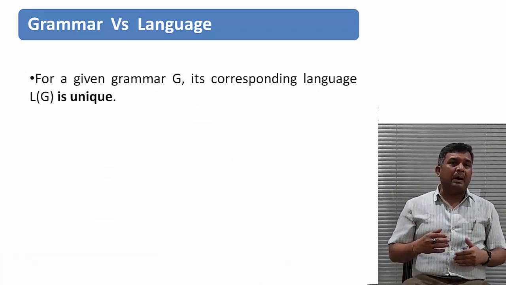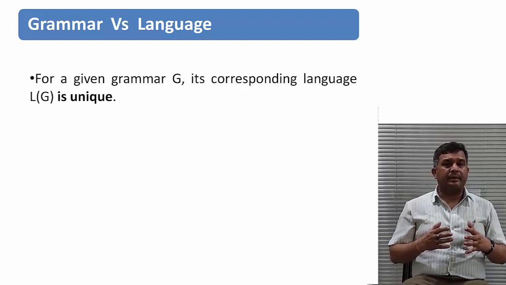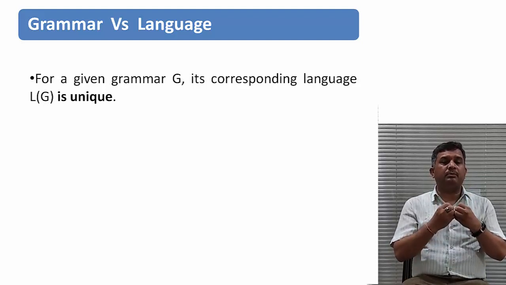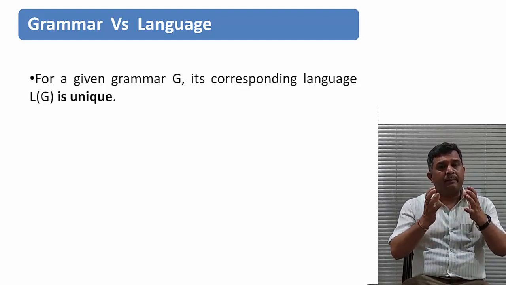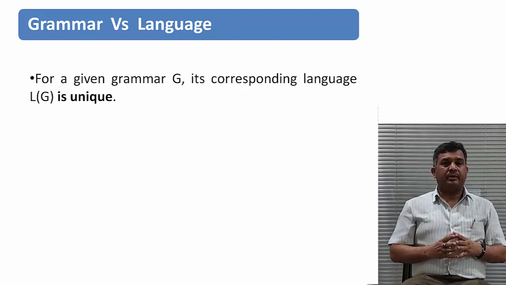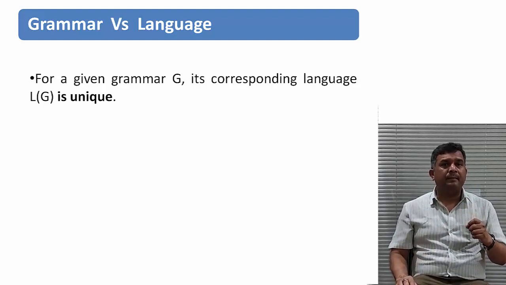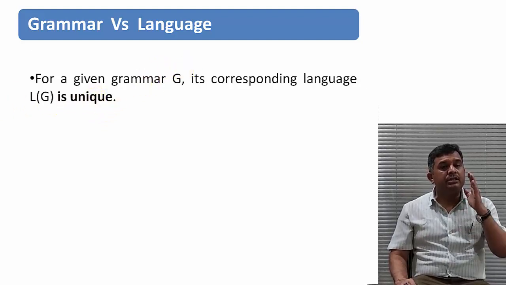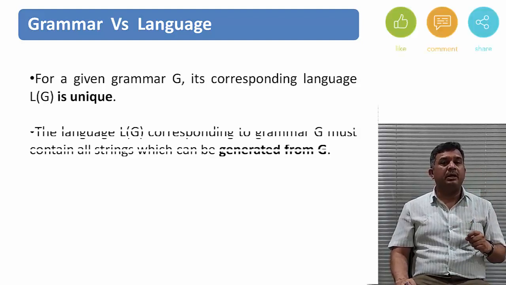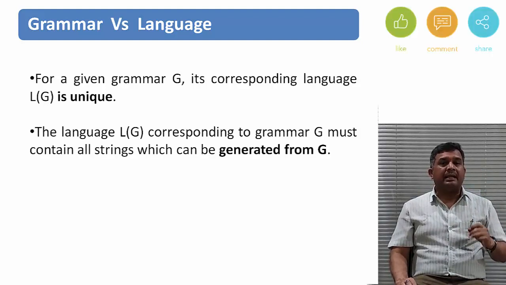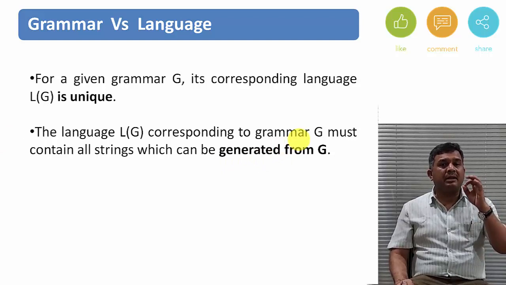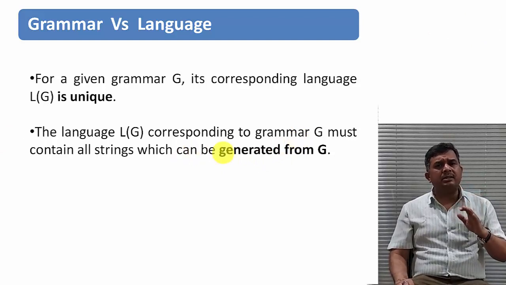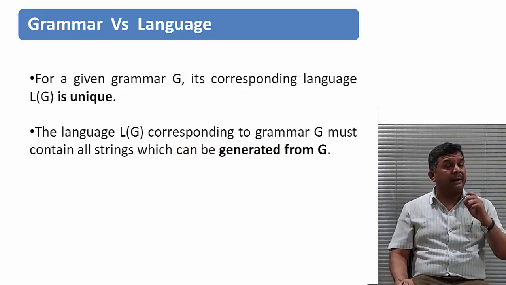So when we talk about language and grammar, whatever we generate from the grammar is a part of the language. So we can say the grammar G corresponds to the language that is unique. It means for a particular language, the grammar must be unique. And the language corresponding to the grammar must contain all the strings that can be generated by the grammar.